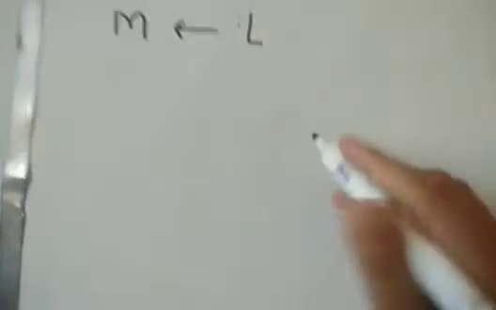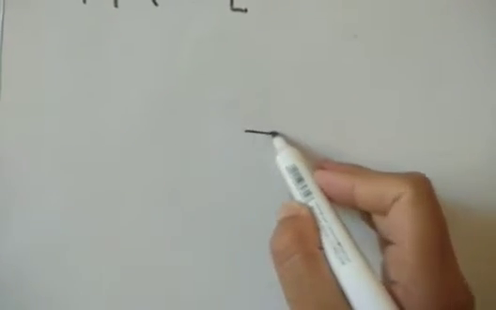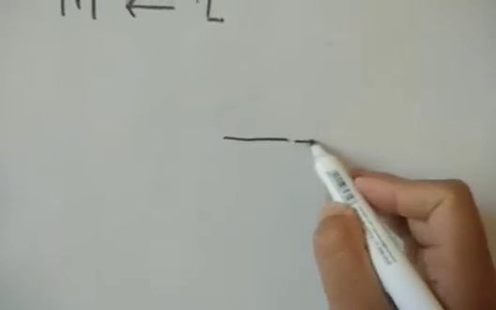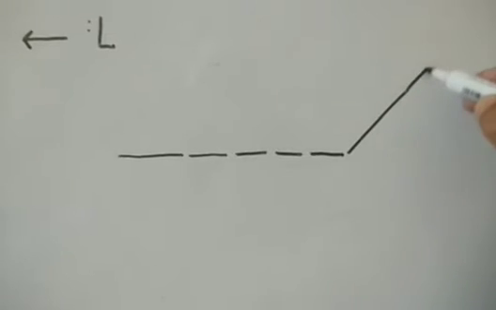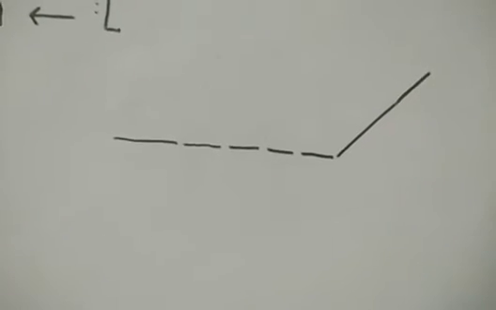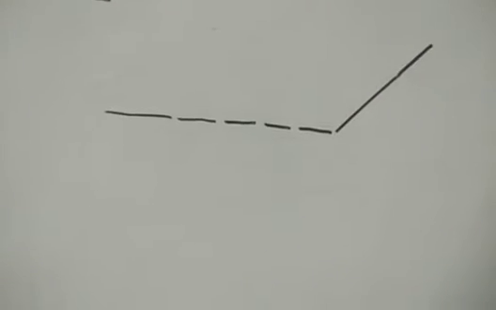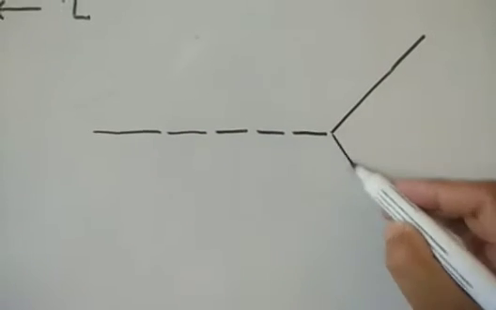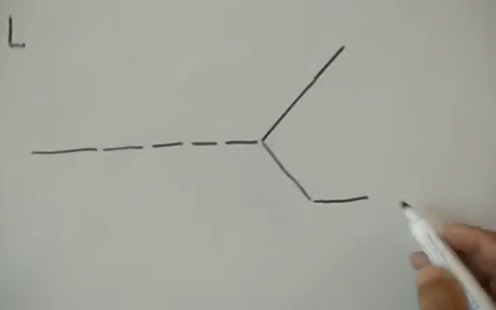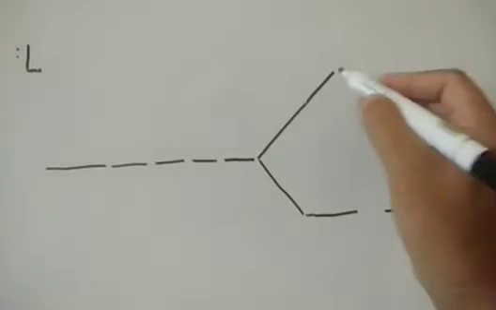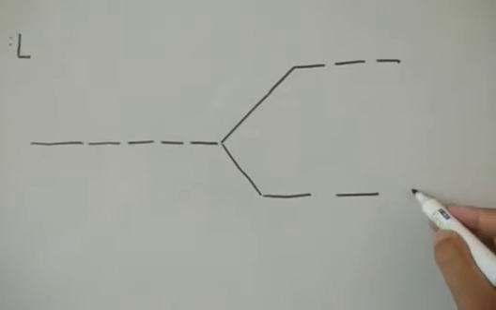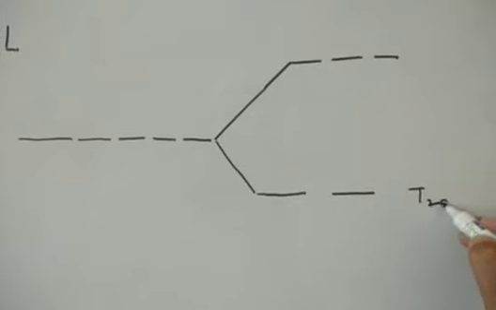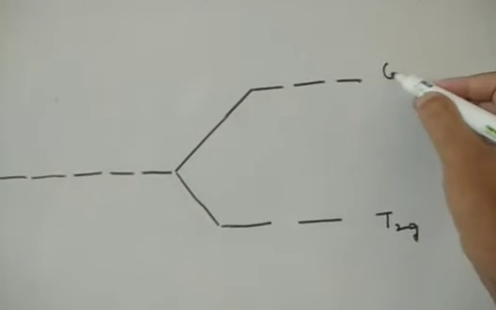That repulsion results in this type of situation, with three and two orbitals. They split into the T2g set and the Eg set.